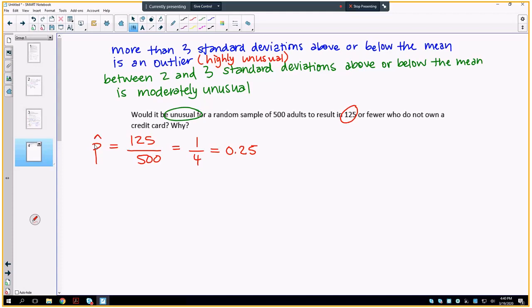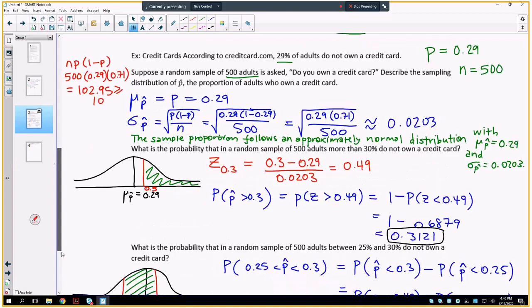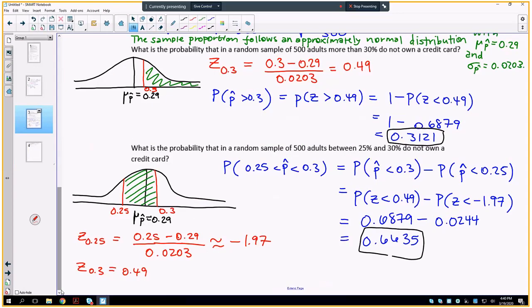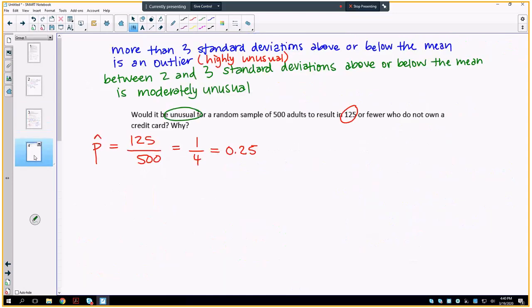So here in my problem, I'm going to go back to the previous part, and I found out that for 0.25, my z-score was negative 1.97. And I know that the z-score tells me how many standard deviations away from the mean I am.